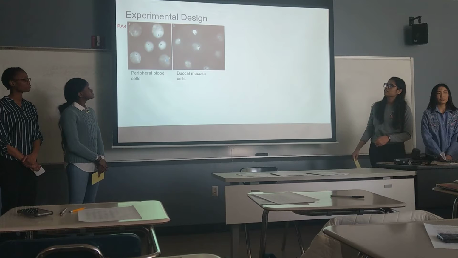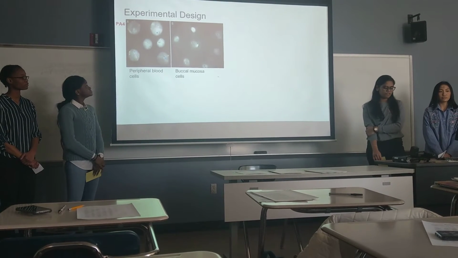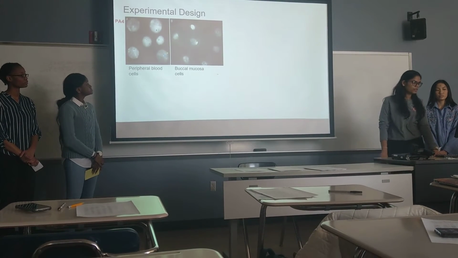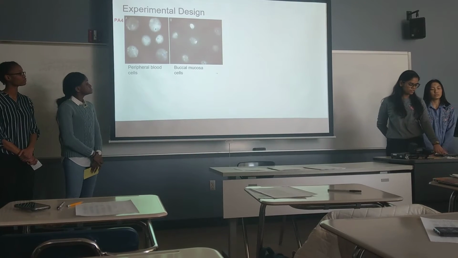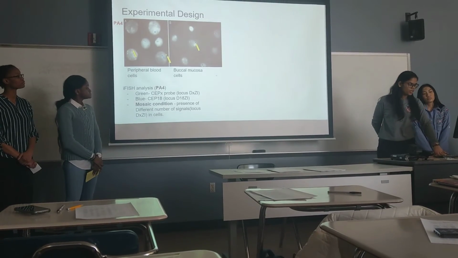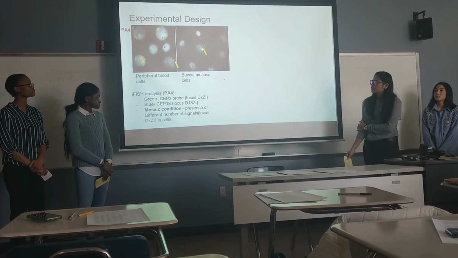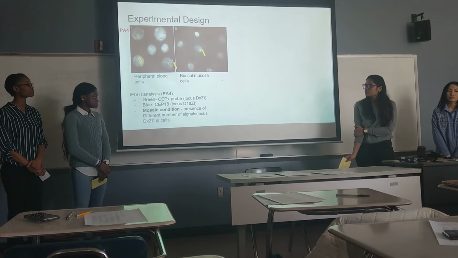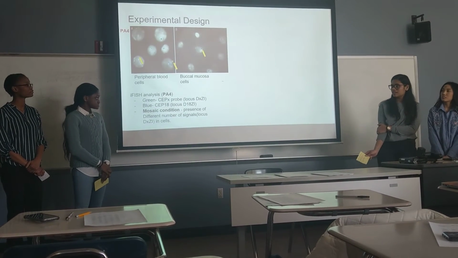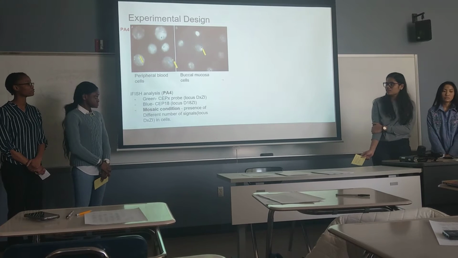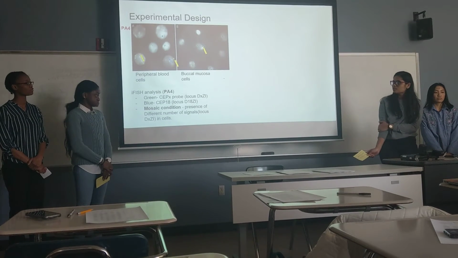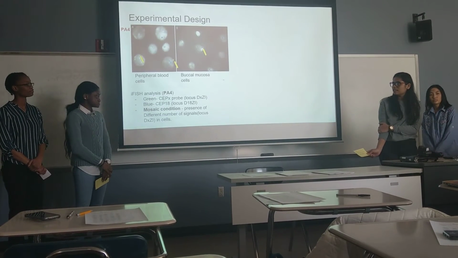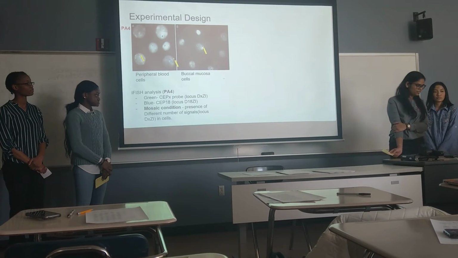The results of the experiment included FISH analysis in the peripheral blood cells and the buccal mucosal cells of the treated patient. The green signal indicates the locus DXZ1 on chromosome X, and the blue signal indicates the D18Z1 on chromosome 18.